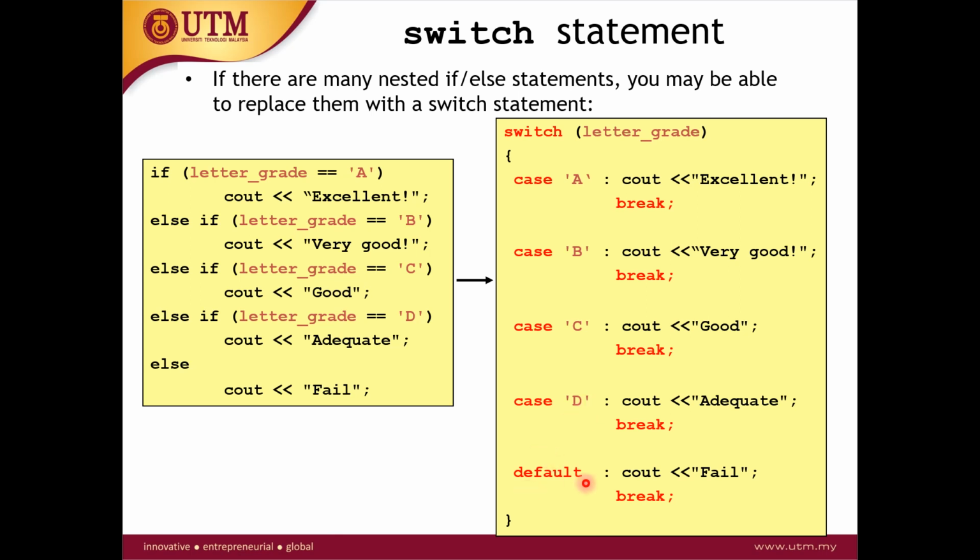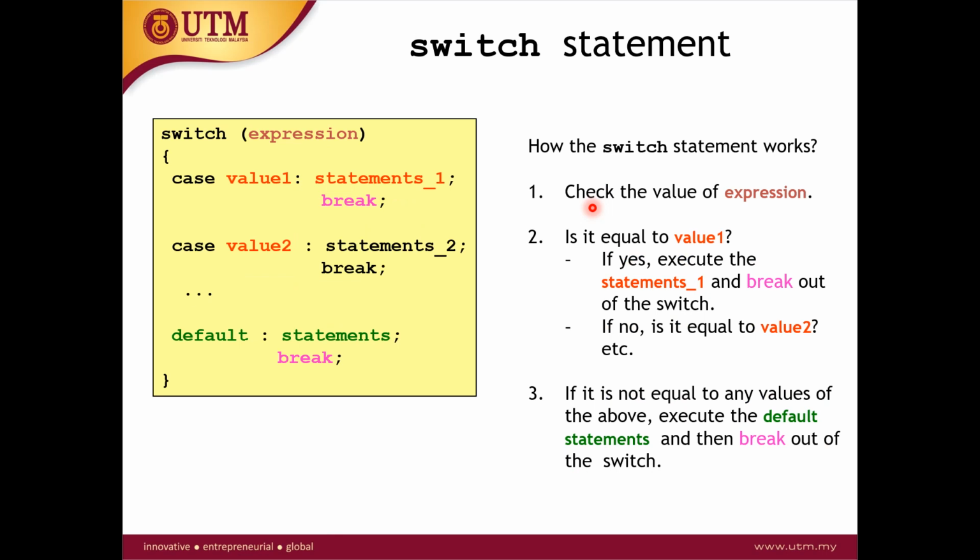It shows the default value. If it is any other value apart from those, cout fail, and then break goes to the end of the switch. So I suggest writing a break after each case in order to break out of the switch statement.